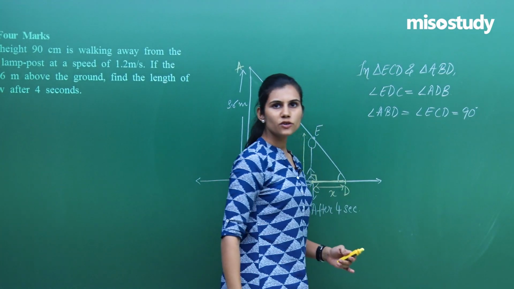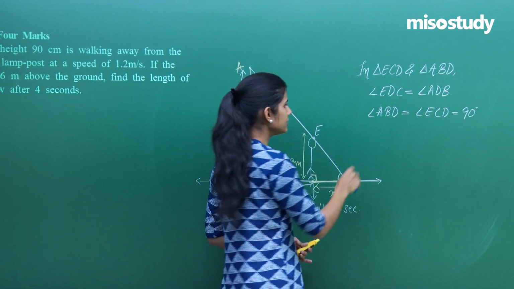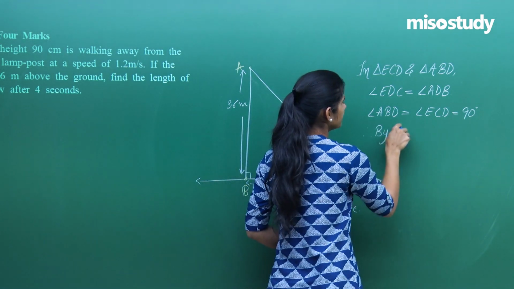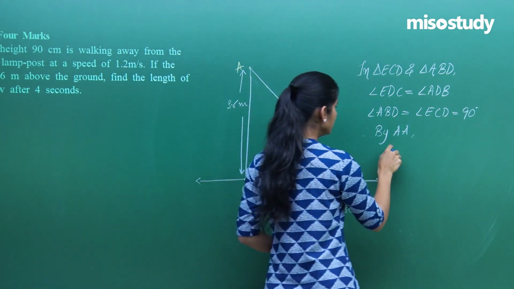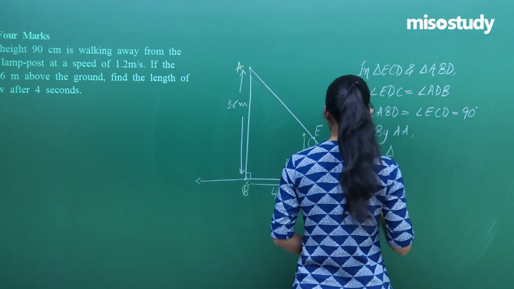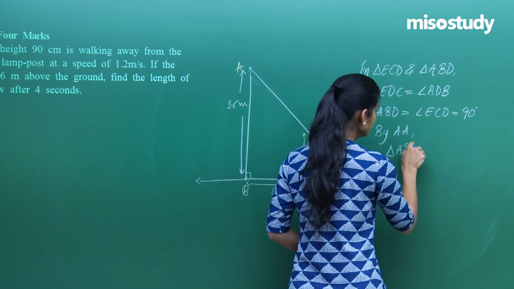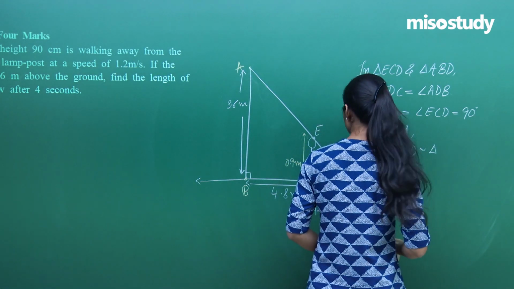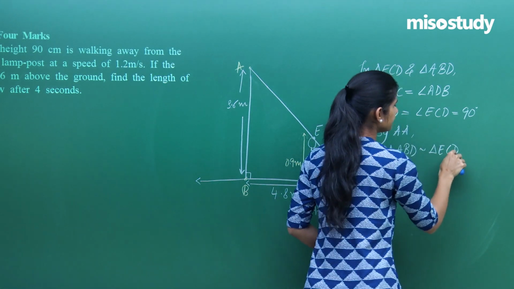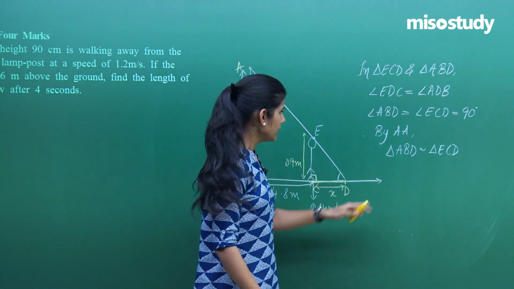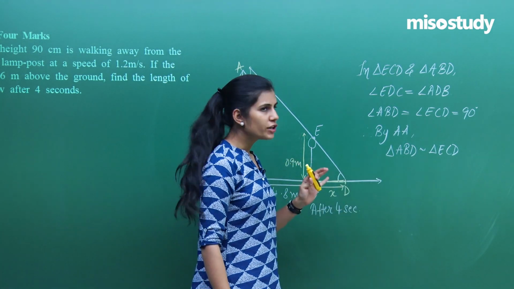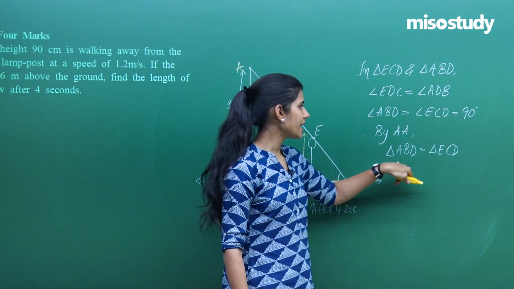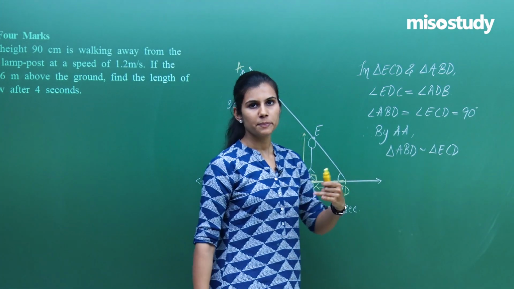So if two angles of one triangle are equal to two angles of the other, by AA similarity criteria, both the triangles are similar. Triangle ABD is similar to triangle ECD. Okay? The moment they are similar, their corresponding angles will be equal and corresponding sides will be proportional.